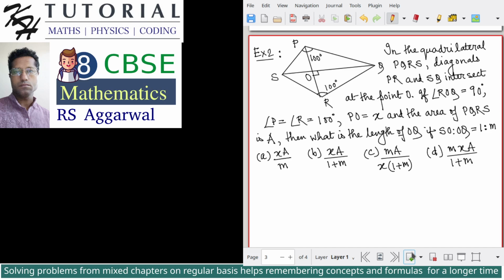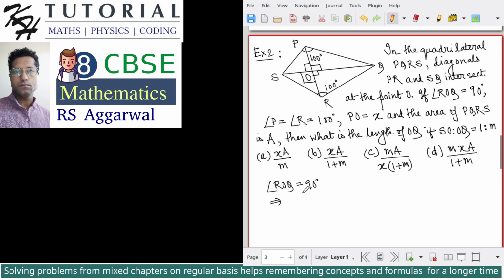Lots of information. Okay. So in the quadrilateral PQRS, diagonals PR and SQ intersect at the point O. Angle ROQ equals 90 degrees will imply that all these angles will also be 90 degrees.